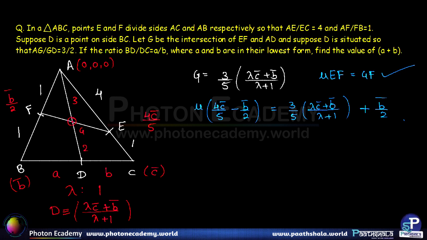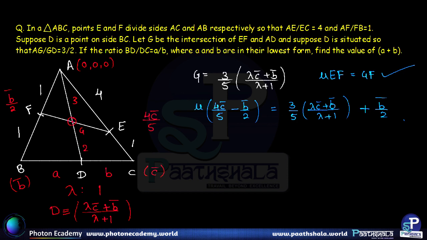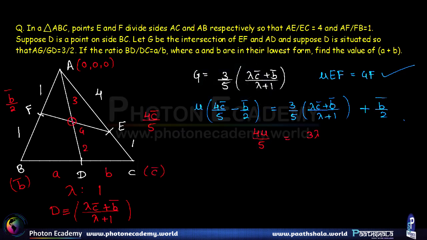So now we know that C and B are non-collinear. So to equate these two, we will have to equate the coefficients of C and the second we have to equate the coefficients of B. So let's get to that. The coefficients of C, so this is mu, 4 mu upon 5 is equal to 3 lambda upon 5 lambda plus 1.